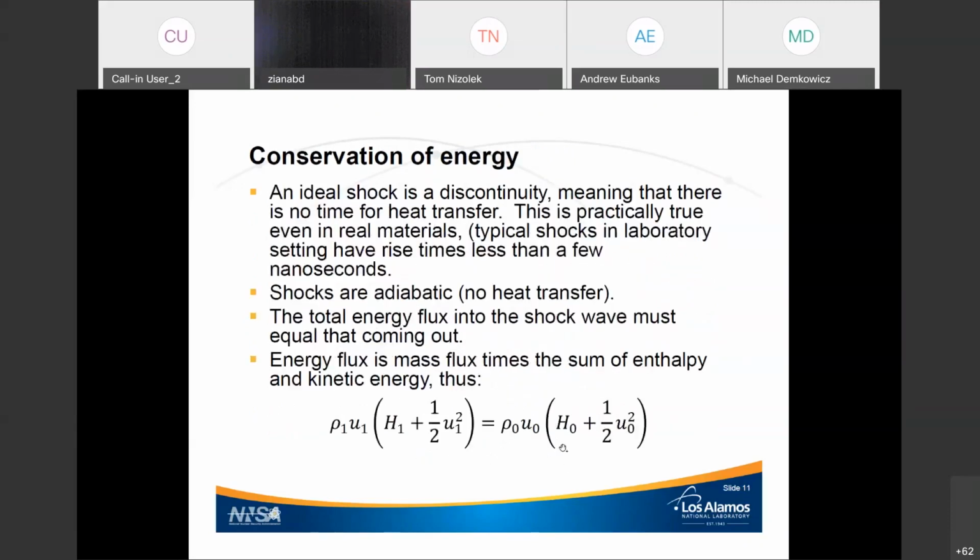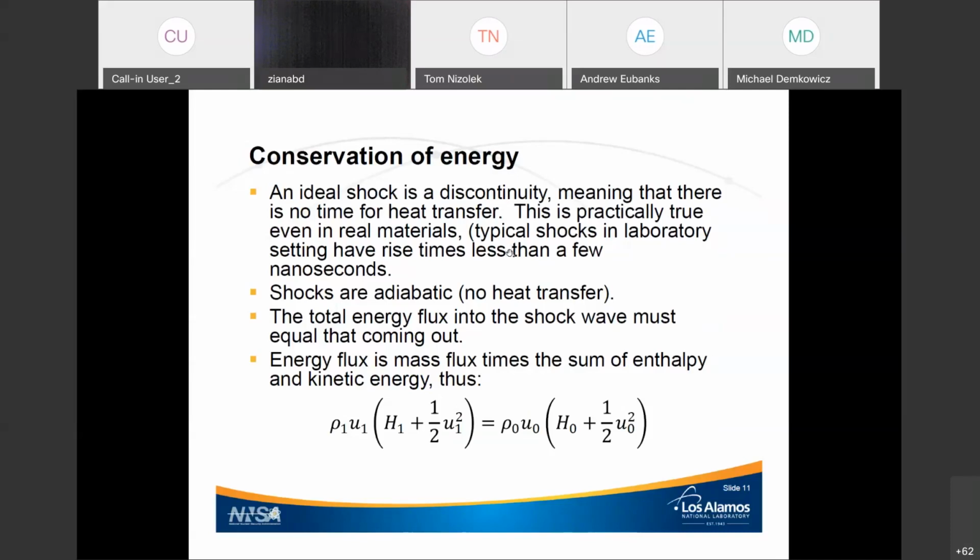Finally is conservation of energy. Okay, because an ideal shock is a discontinuity, and even the shock waves that actually have some finite thickness, because of the speed of the shock wave, typical shocks in the laboratory setting have rise times on the order of a nanosecond or so.